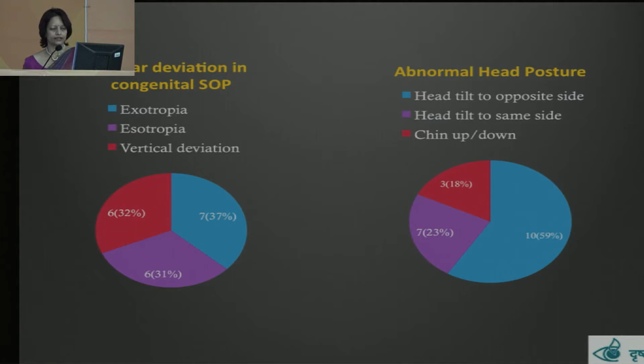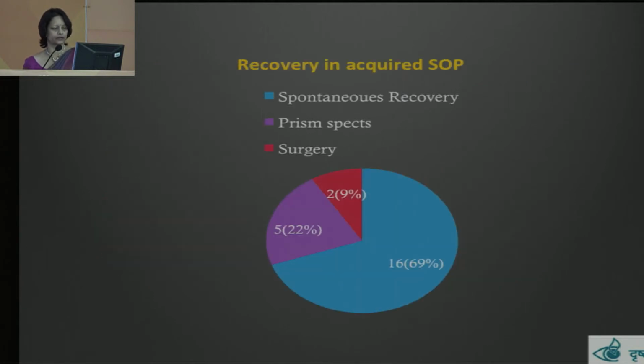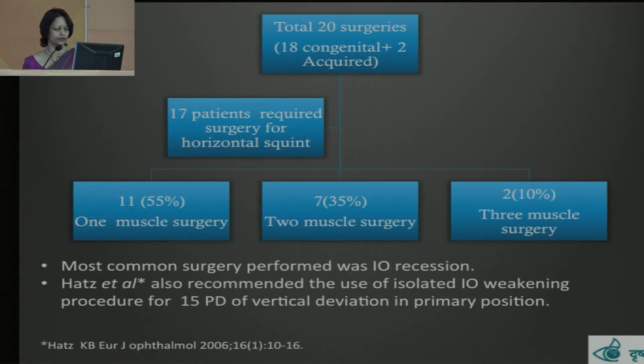Examining the head tilt, to the opposite side was seen in maximum, that is 60%, but head tilt to the same side was also seen in about 25% of cases, and chin up and down was seen in about 18% of cases. Recovery in acquired superior oblique palsy: about 70% recovered on their own, 22% required prism specs, and surgery was required in about 9% of cases.